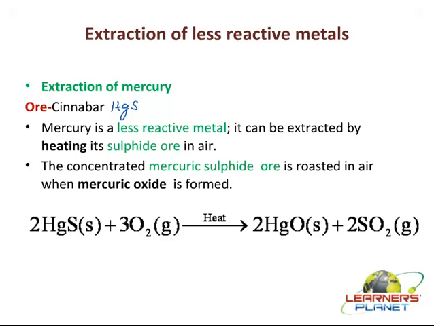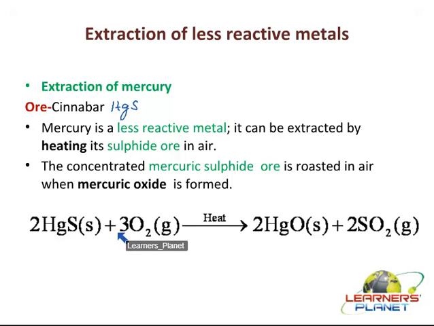Now students, had the metal been highly reactive, what would happen? While heating, the metal would react with the oxygen of air. So mercury being less reactive, it can be extracted by just heating mercuric sulfide. The concentrated mercuric sulfide ore is roasted in air, when mercuric oxide is formed.